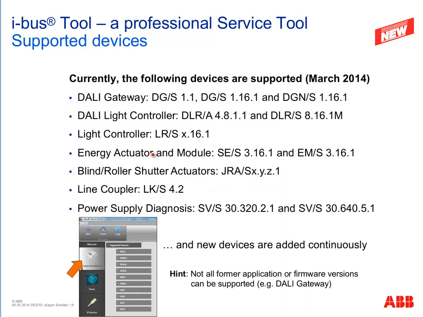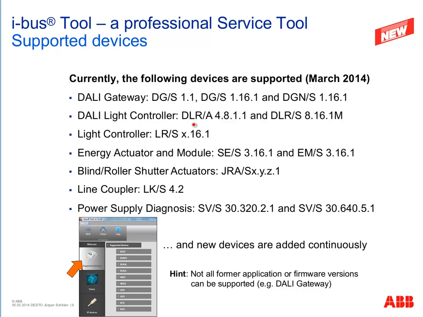So up to now, until March, we supply the following KNX devices. Our DALI gateway DGS11, the DGS1161, and the DGNS, which supports the self-contained emergency converter.